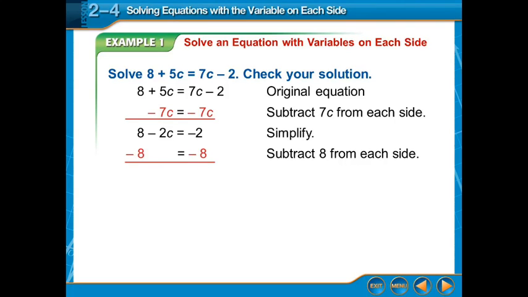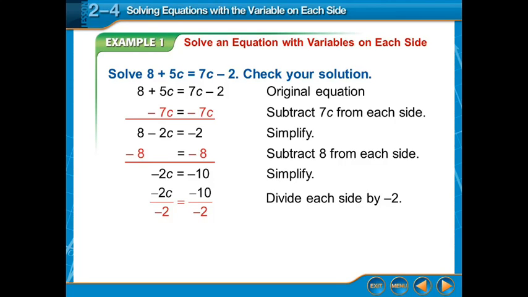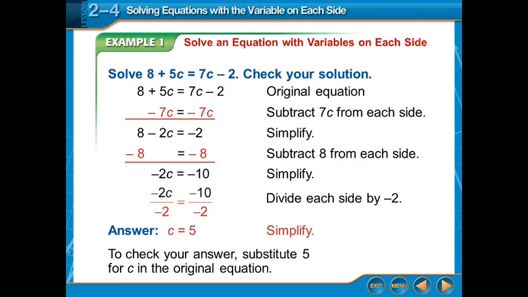Then subtract your constant of negative 8 from both sides. You're left with negative 2c equals negative 10. Divide both sides by negative 2, and you find that c equals 5. Now, you have an answer, but remember, you need to check your answer, substituting 5 in the place of c to make sure that you're getting a true statement.